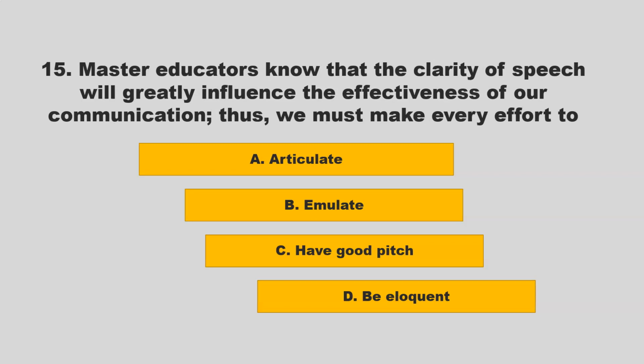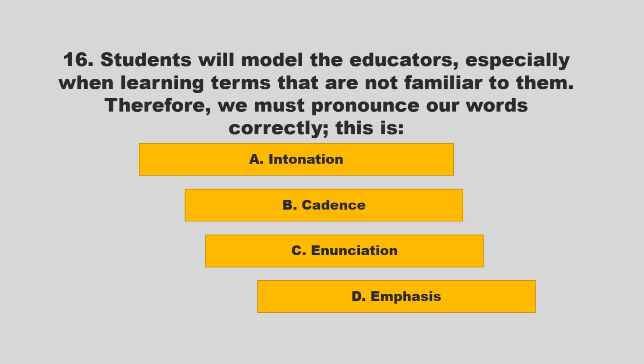Master educators know that the clarity of speech will greatly influence the effectiveness of our communication. Thus, we must make every effort to, is it articulate, emulate, have good pitch, be eloquent? If you chose A, articulate, you are correct.